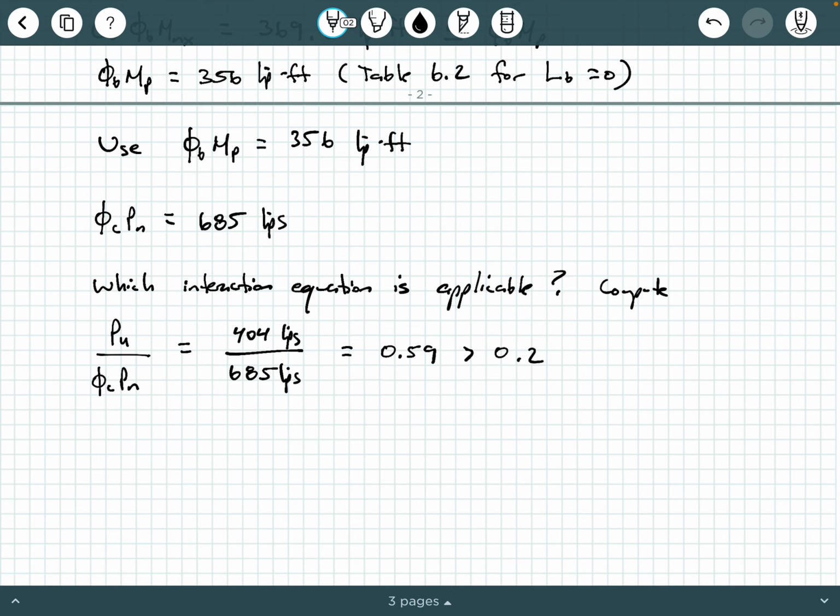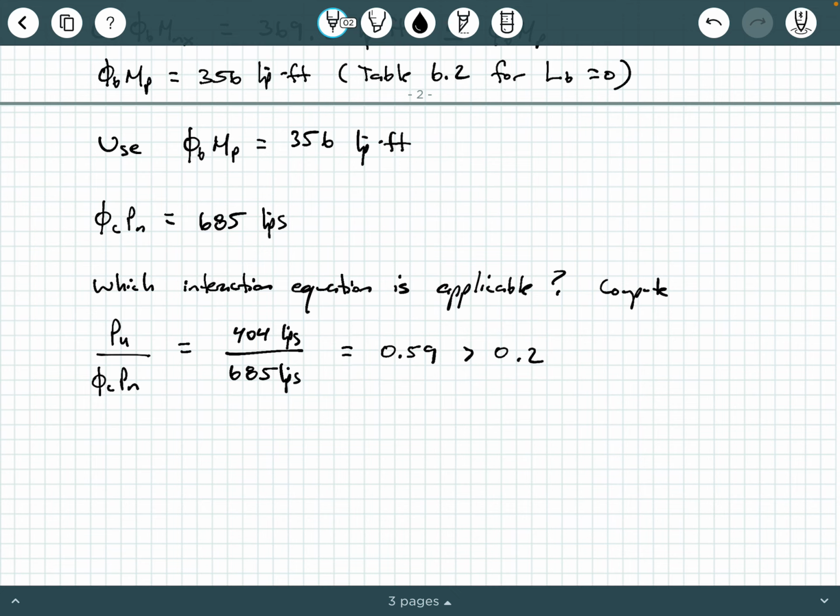Okay, so that's going to tell us which interaction equation we should be using. So let's flip back in our notes. Don't feel bad, I'm flipping back in my notes too. I don't have any of those equations directly memorized.